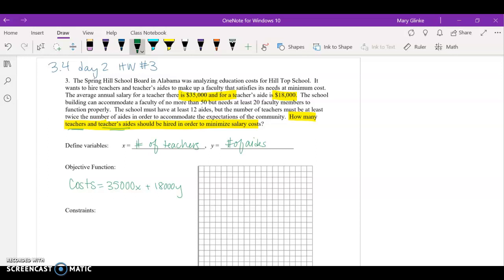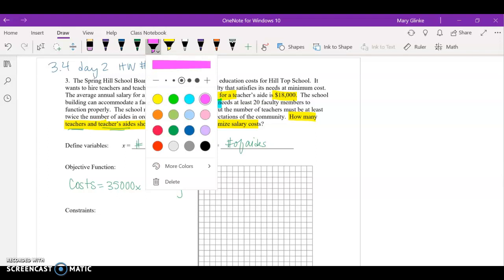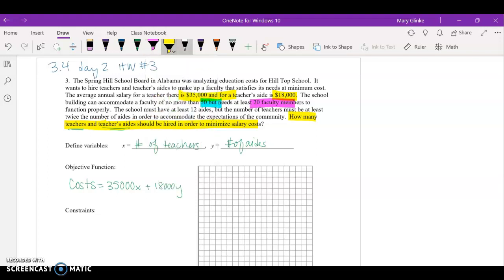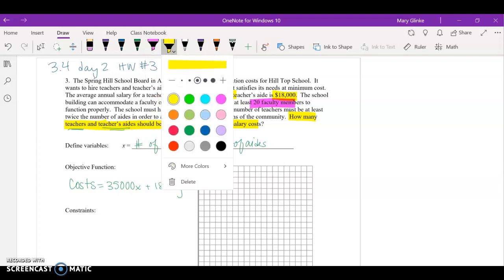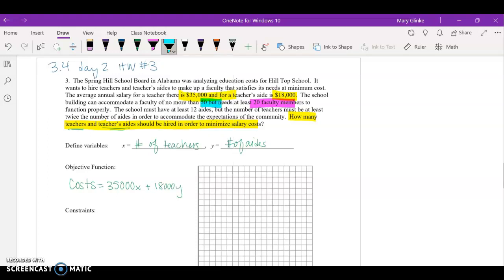Now you go through and you look for other totals. I see 50 is a total that we're going to need to talk about, 20 is a total, and also this 12. If we need no more than 50, that means 50 is whatever x and y are together.